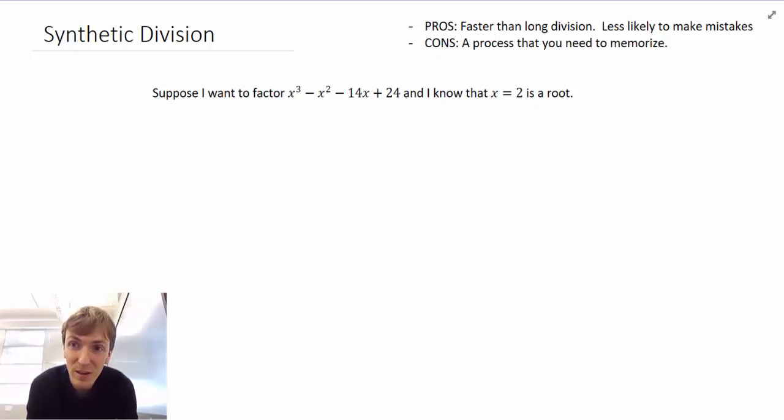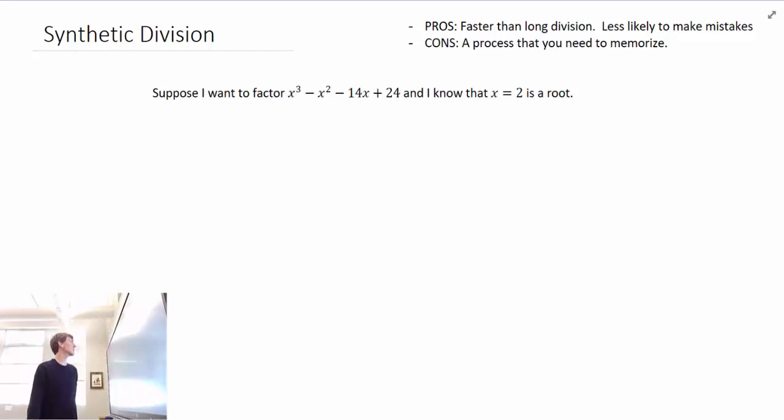I personally, because I learned this as an adult, have never really memorized this, and every single time I teach it, I have to relearn it myself. So that tells you a little bit, but I know plenty of people who swear by synthetic division, and honestly, it's one of those things that I kind of wish I just memorized and didn't have to relearn every single time. Anyways, here's how it works.